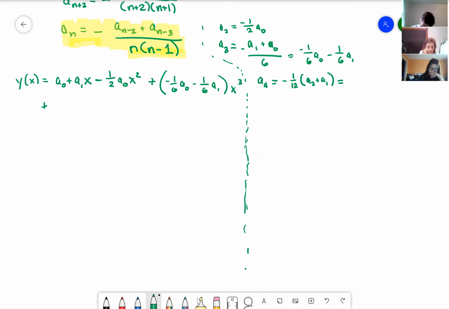So a2, that was negative 1/2, so this is 1/24 a0, and then negative 1/12 times a1, just a1. Negative 1/12 a1. So this is 1/24 a0 minus 1/12 a1.